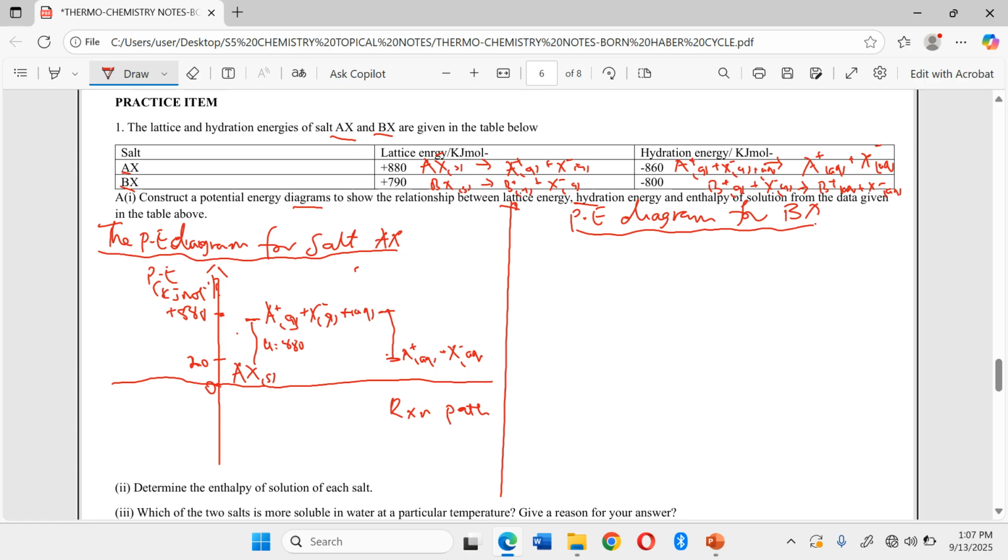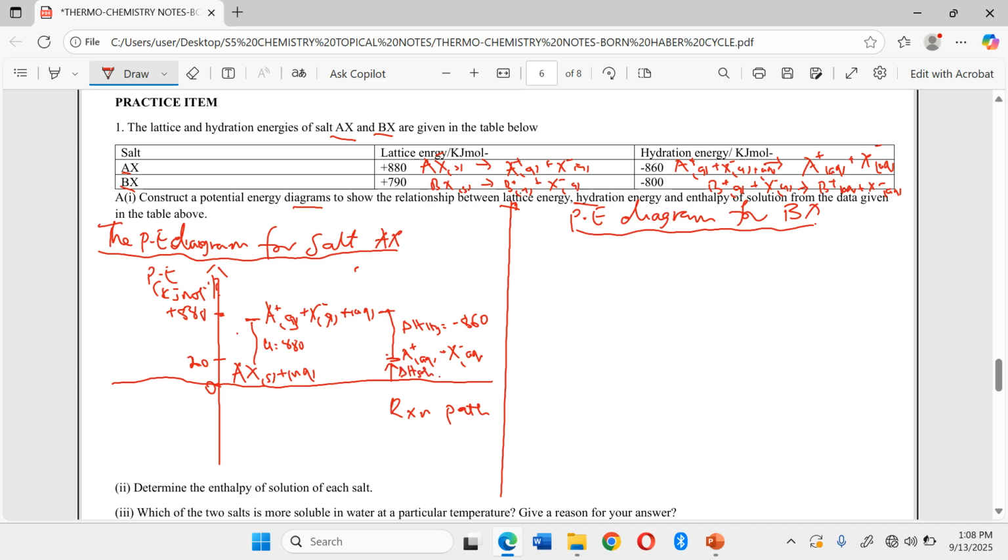So this is the enthalpy of hydration, which is negative 860. The enthalpy of solution is when we get this solid and add it into water, aqueous, and we get this value.